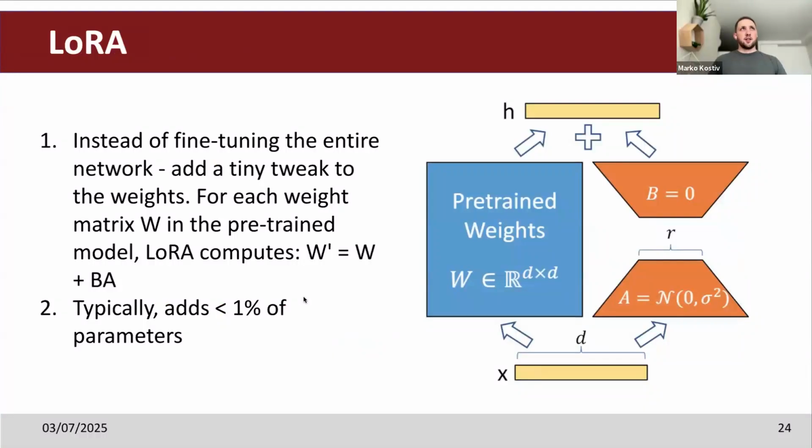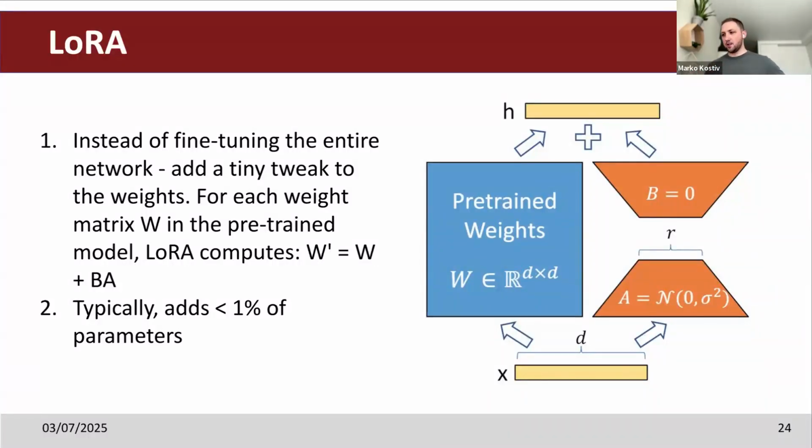Another case is low-rank adaptation, and you might know that from the NLP courses also, if you were attending those or the previous lectures. So the problem with fine-tuning the entire network is that you need a lot of memory, a lot of compute, and a lot of parameters, because every time you need to slightly tweak all of the weights.